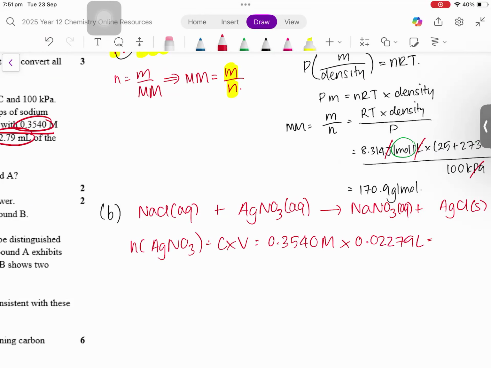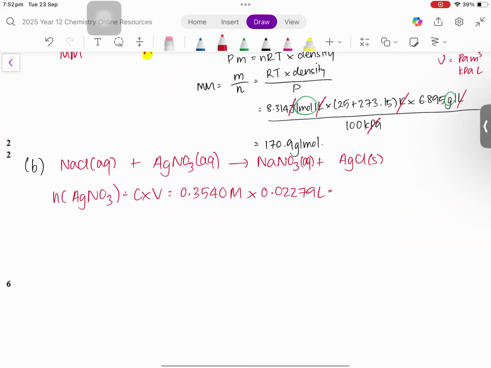What do you get for the moles of silver nitrate, please? 0.008. Thank you, 0.008 mole.